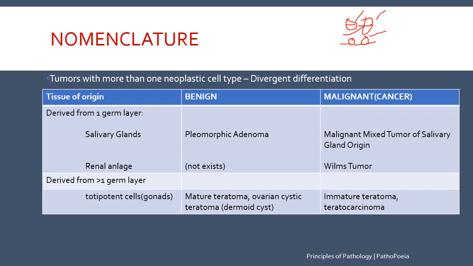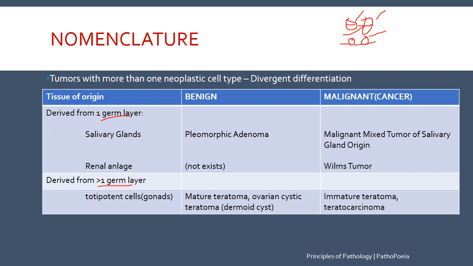And the property because of which they are different is divergent differentiation. Now, this can be because they arise from a single germ layer, or they can arise from multiple germ layers.